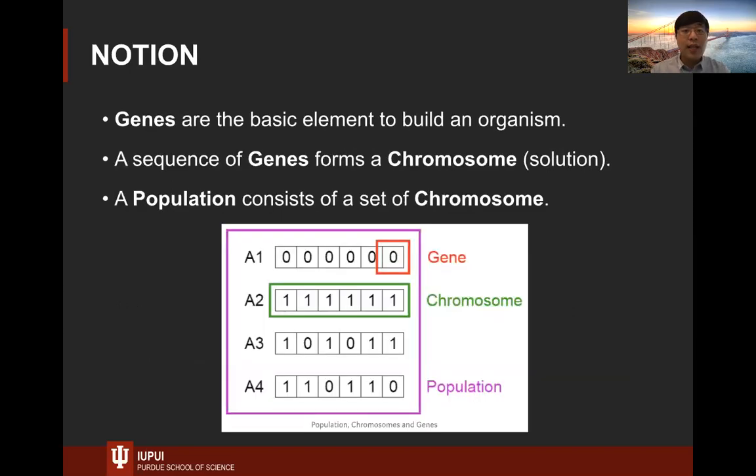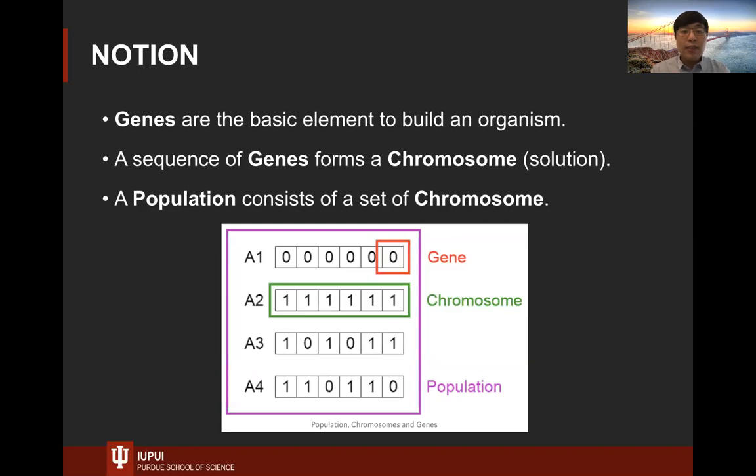Genes are the base elements to build an organism. A sequence of genes forms a chromosome. Here we denote that each individual only carries one chromosome. So one individual means one solution. This individual may be the optimal solution for us.